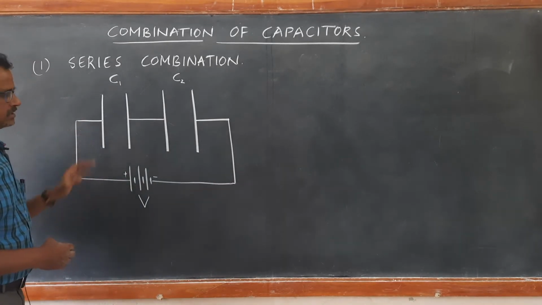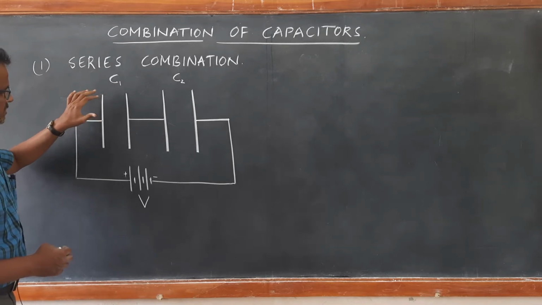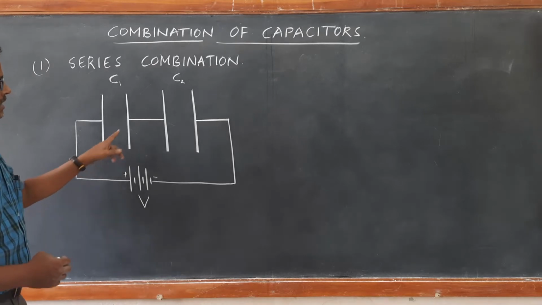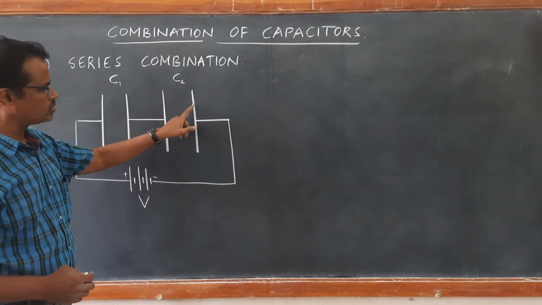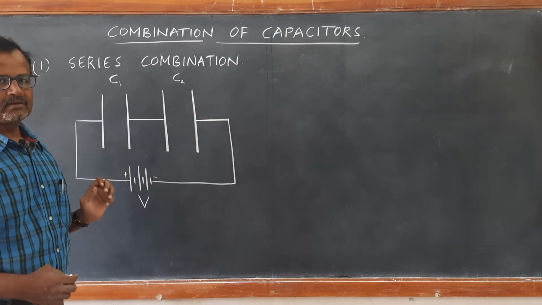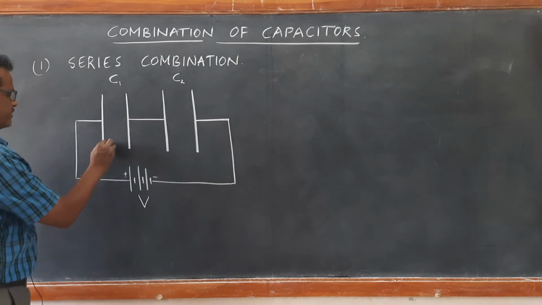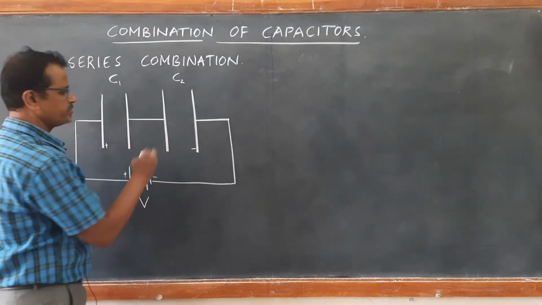As a result, the first plate of C1 goes on charging with positive charge and the second plate of C2 goes on charging with negative charge. So for every positive charge that is developed here, you will find a negative charge being developed.